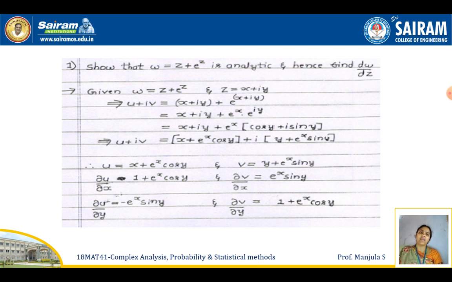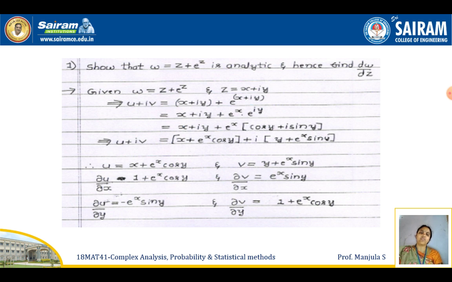E to the power i theta, the formula is cos theta plus i sin theta. With the help of that formula, e to the power iy can be written as cos y plus i sin y. You just separate the real part and also the imaginary part, so that this equation can be written as u plus iv, which equals x plus e to the power x cos y plus i into y plus e to the power x into sin y.